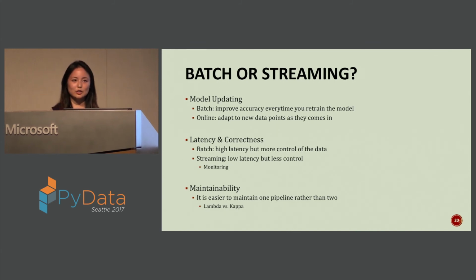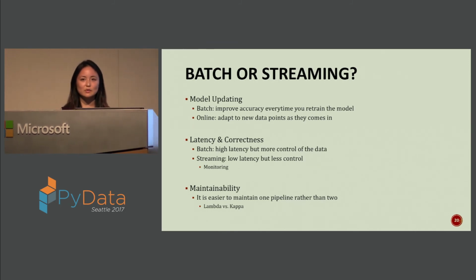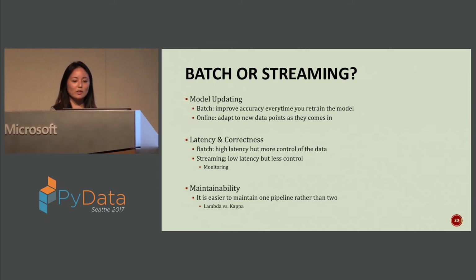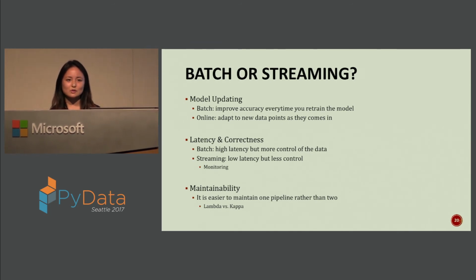Lambda architecture has batch as the source of truth, and the streaming pipeline provides more real-time decisioning along with the batch, and eventually you have a unified result. Kappa architecture, however, only maintains a streaming architecture, and batch is built on top of the stream.